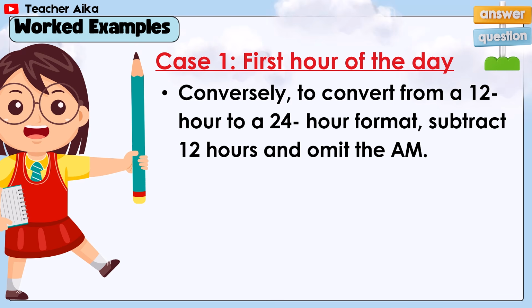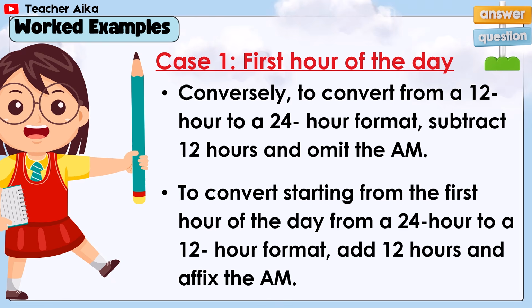Conversely, to convert from a 12-hour to 24-hour format, subtract 12 hours and omit the AM. To convert starting from the first hour of the day from a 24-hour to a 12-hour format, add 12 hours and affix the AM.